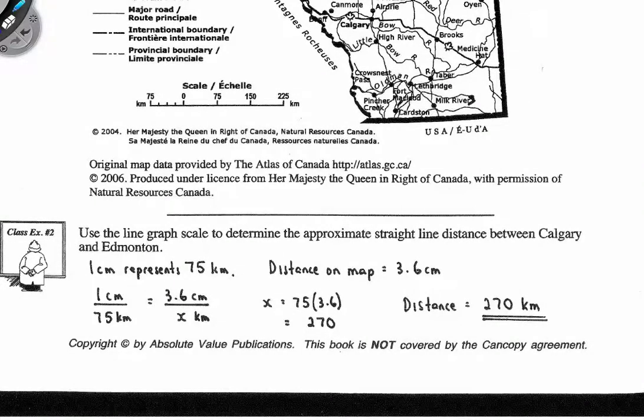These are centimeters right here on the scale. We measure 3.6 centimeters on the map. What is the actual distance? We can use the crisscross again: 75 times 3.6 equals x times 1. So 1x is 75 times 3.6, or 270. I had thought it was about 300, so I was a little bit off.